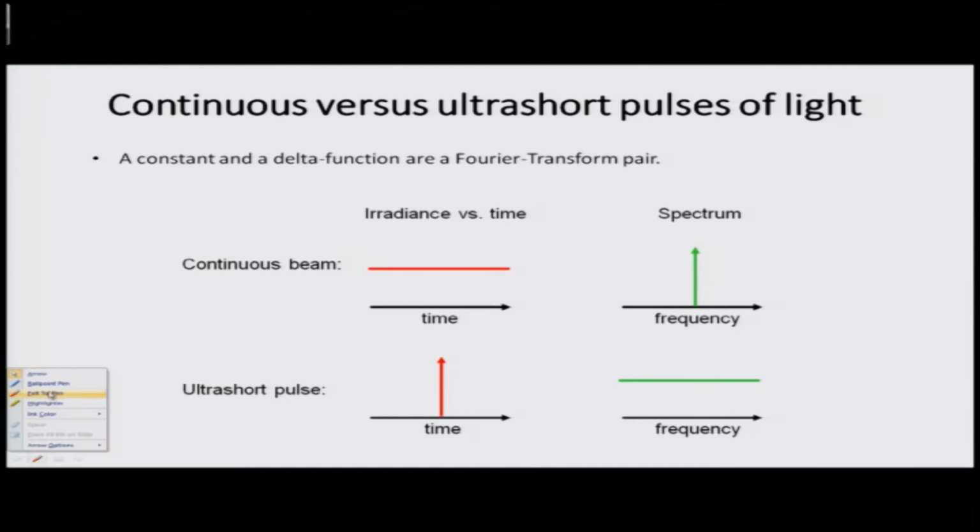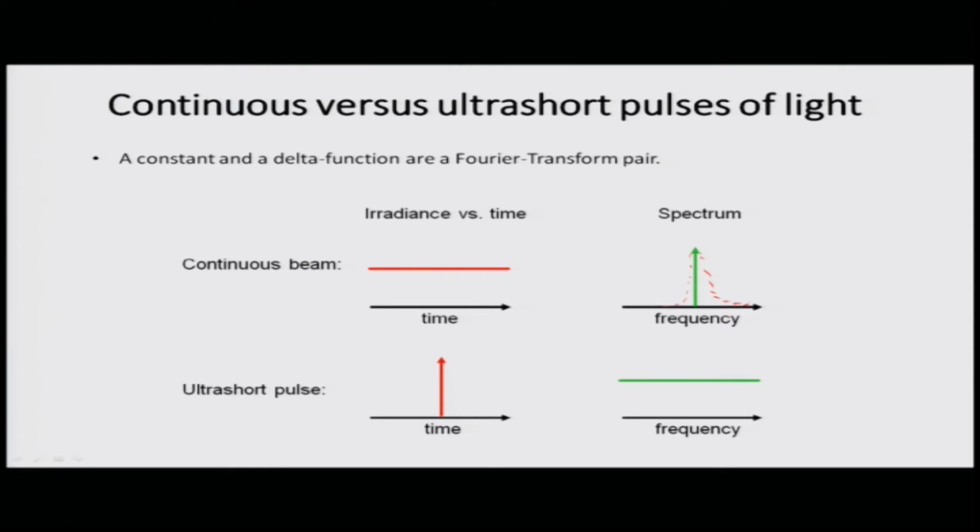So, what is important for the continuous versus ultra short pulses of light? The continuous beam, for instance, if you look at it with time, is constant, and it gives a spectrum which is ideally a single frequency, but we know that it has some very small bandwidth.